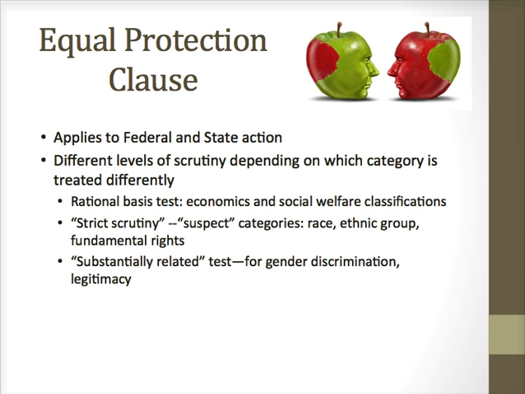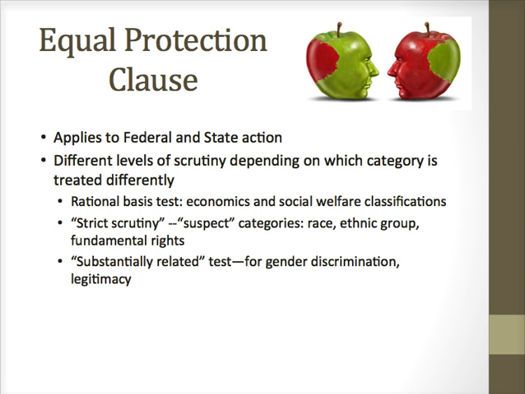And there the courts say, okay, government, if you're going to distinguish between people and treat them differently based on gender or legitimacy, and legitimacy refers to parents being married and whether you're going to treat a child differently because the parents were or were not married, if you're going to do that, you should have a good reason for it.